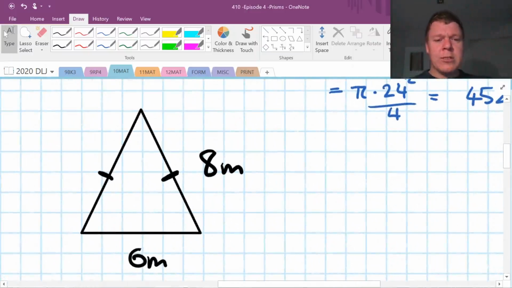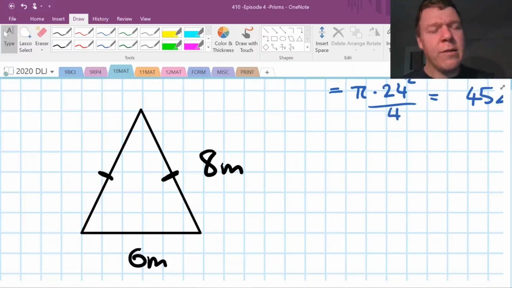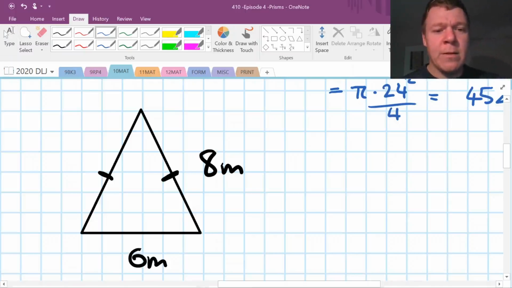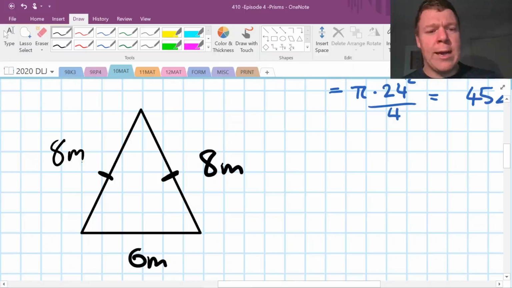I chose this shape because isosceles triangles have certain properties. So the first one is this line here means that that side is equal length to the other side. So this side on the far side of the triangle is also 8 meters.